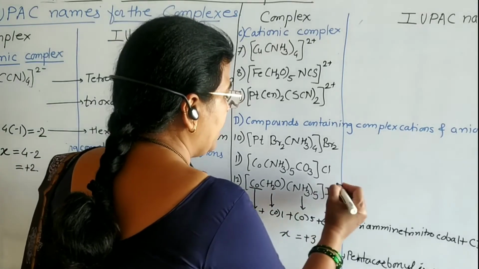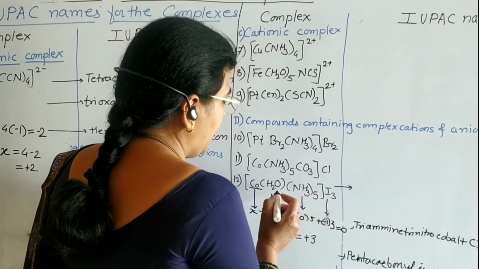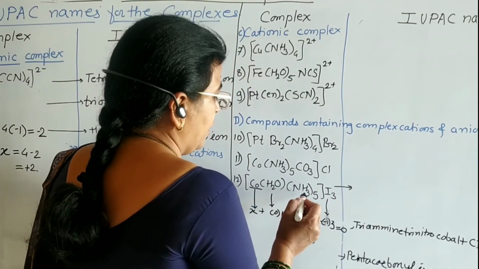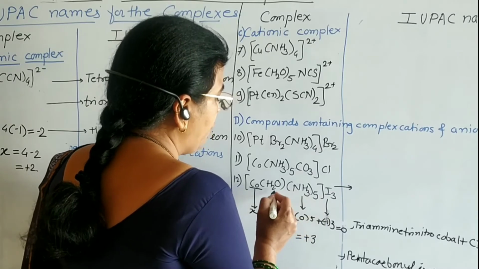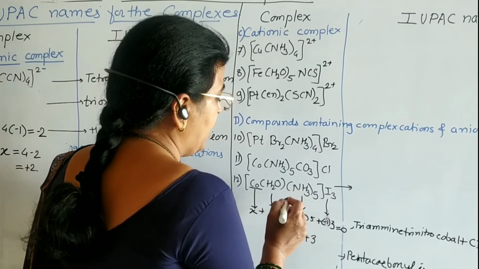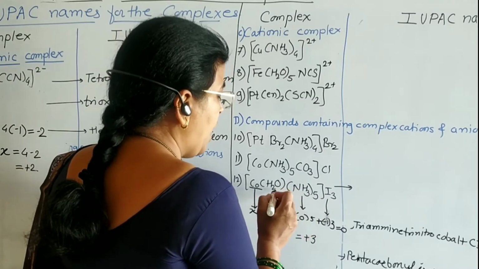Now we are going to write the name of this complex. Now here there are 5 amine groups and 1 aqua group, but alphabetically amine comes first, then aqua.